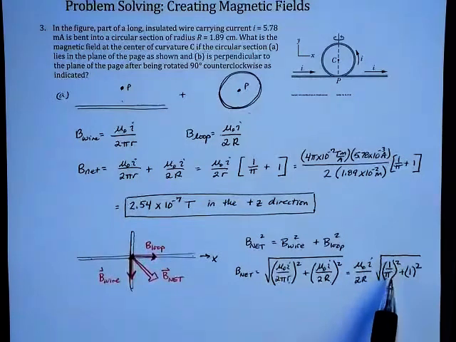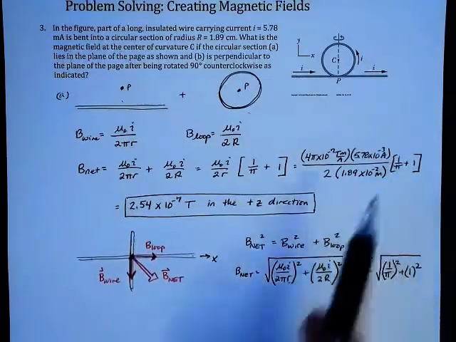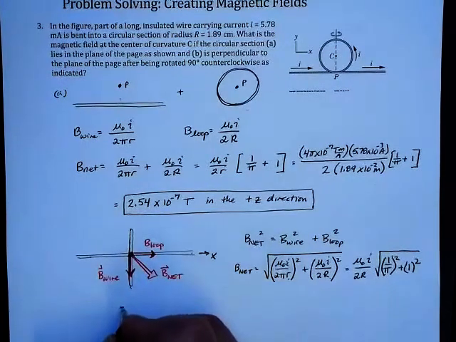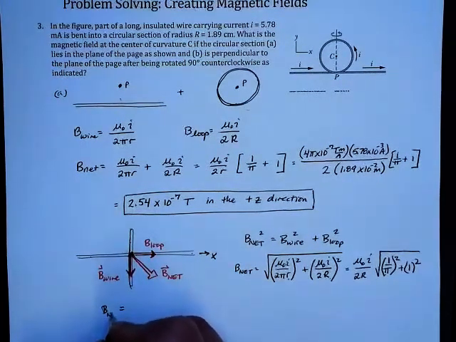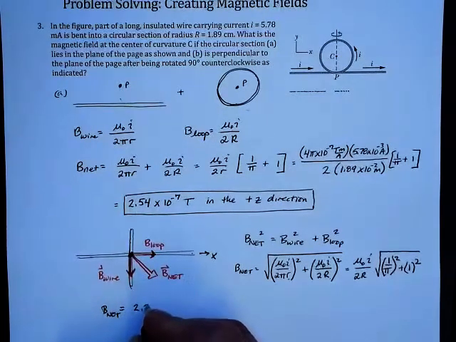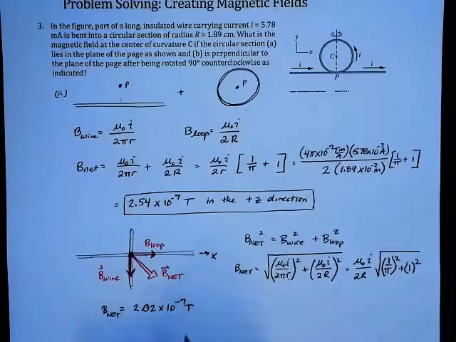It's now square root of 1 over pi squared plus 1 squared rather than the 1 over pi plus 1 we had. Then the magnitude of the net magnetic field is now 2.02 times 10 to the negative 7 Teslas, and we would expect it to be less because these two vectors are not pointing all in the same direction anymore.